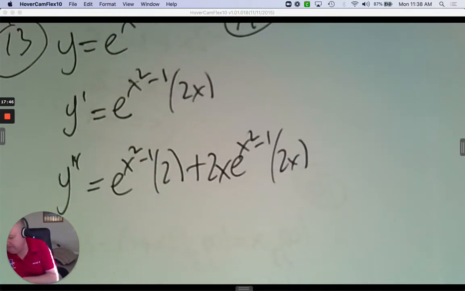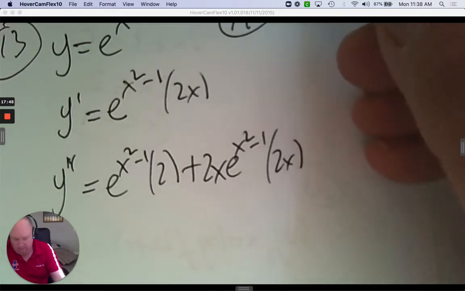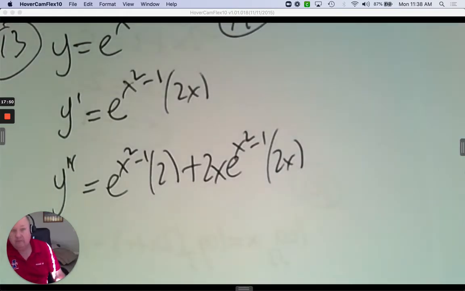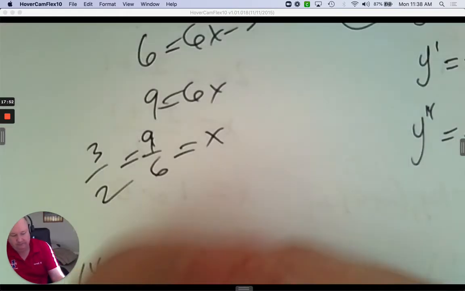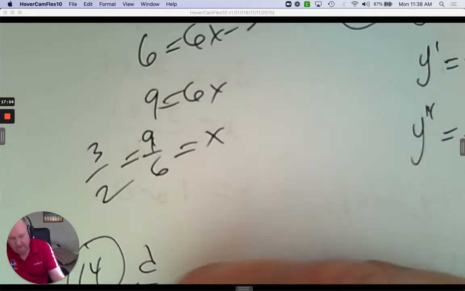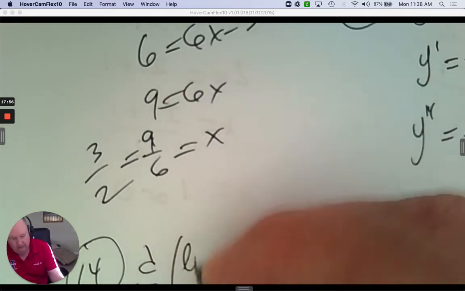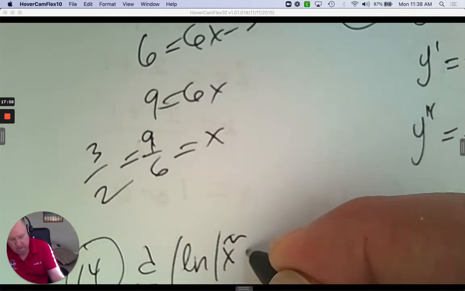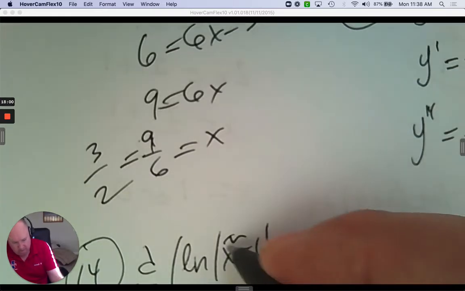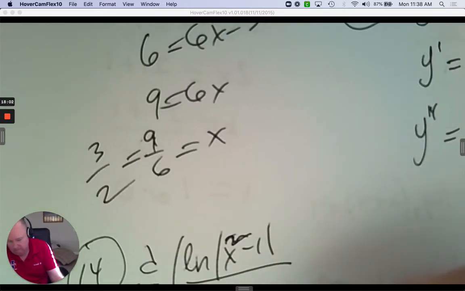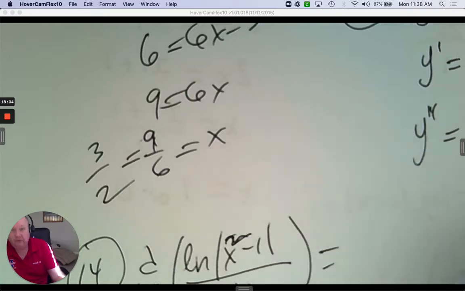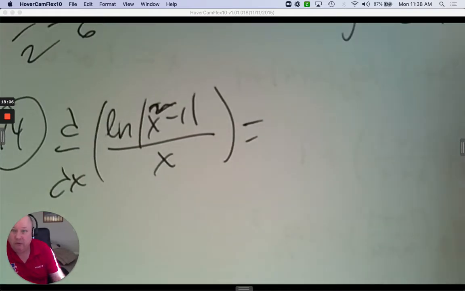In number 14, take the derivative. Let me do 14 over here. Take the derivative of ln x squared subtract 1 over x. So this derivative is going to be the quotient rule.